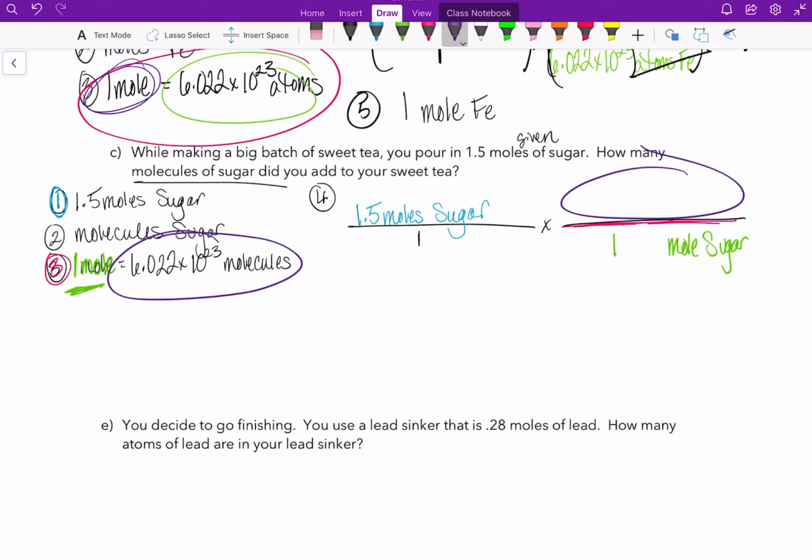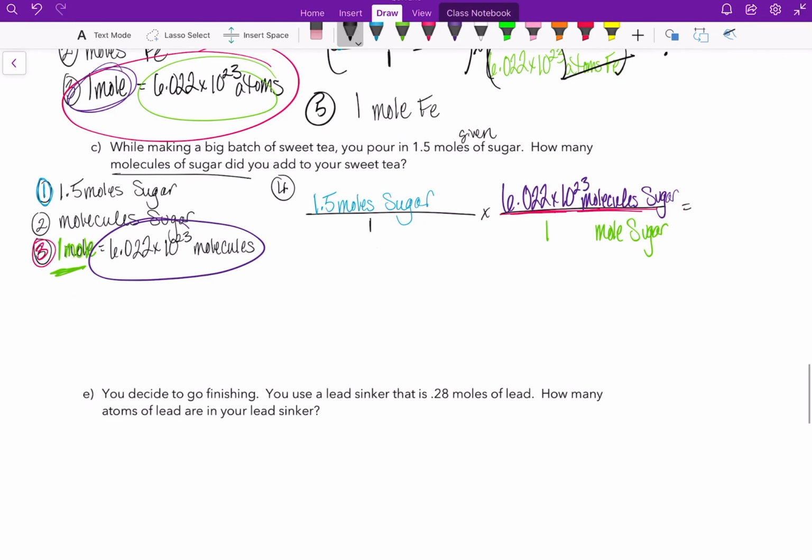So we've got 6.022 times 10 to the 23rd molecules of sugar. And we want to know what that equals. So let's check our setup though. Moles of sugar, that cancels.